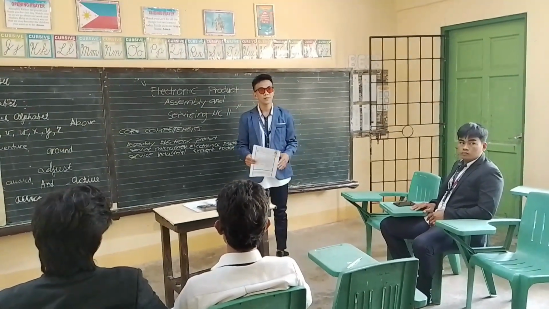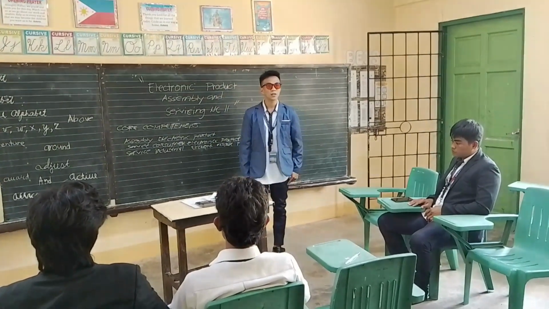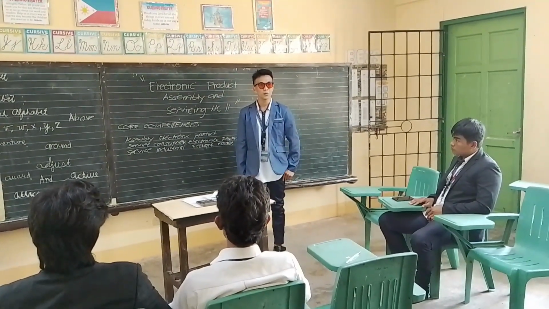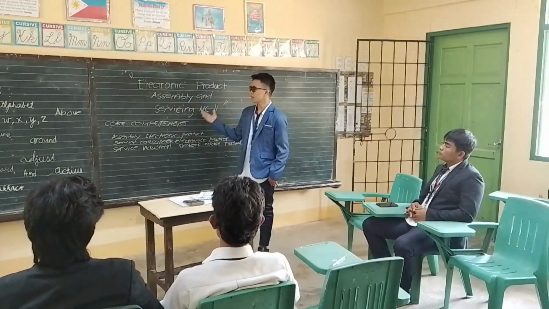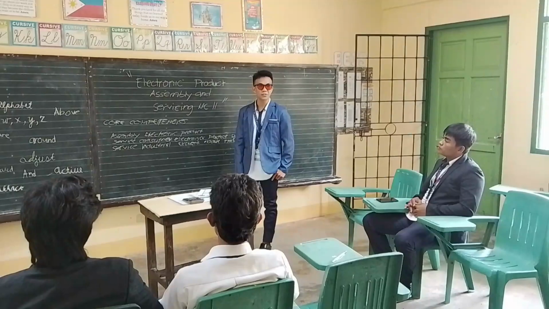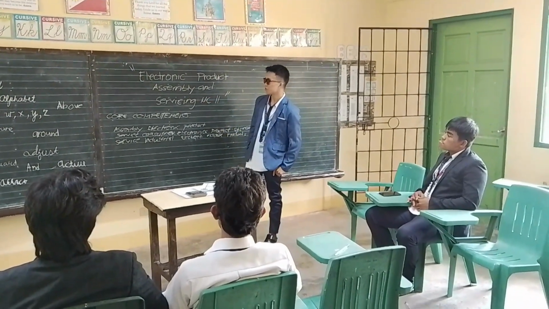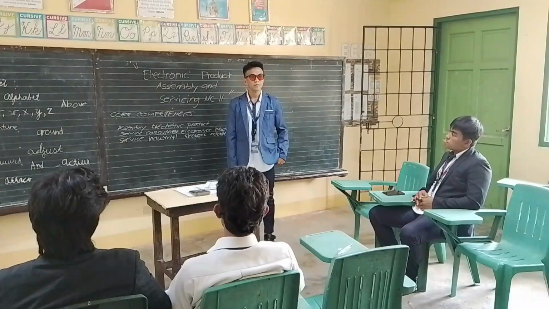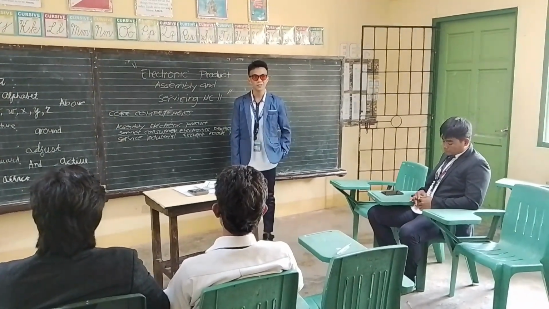So to determine the level of competency, I would like to welcome all of you to the Assessment Center for Electronics Product Assembly and Servicing NC2. The purpose of your assessment is to determine the level of your competencies.